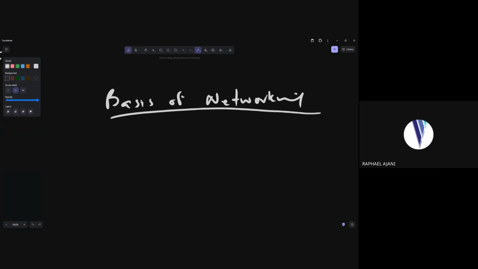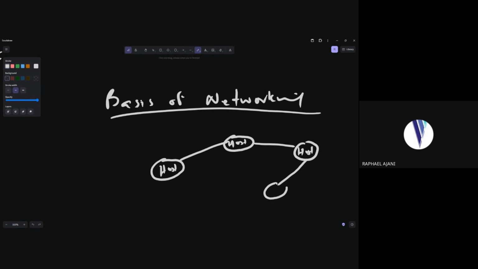Normally, if you have a host, it will be connected to another host, and then this can be connected to another host. That connection would also have something in the middle. This is a typical LAN, called a switch, that is like a small hub, right?